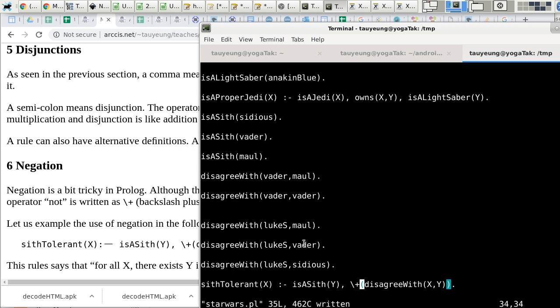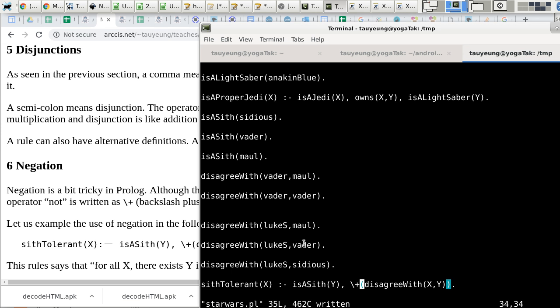So Vader is a Sith, and then we ask, can we confirm that Shuffle A disagrees with Vader? We cannot confirm that. So Shuffle A disagrees with Vader is now false because we cannot confirm it. It is false, and then not false is true. So that's why Shuffle A as X actually meets this requirement.